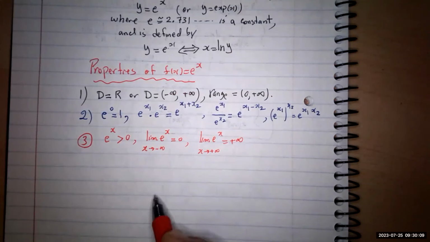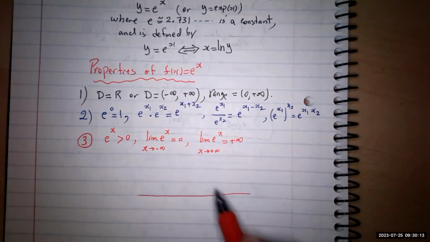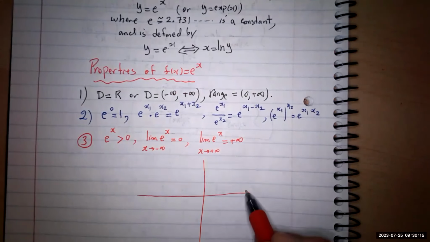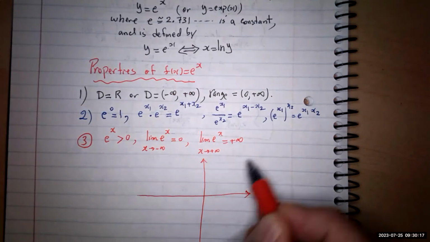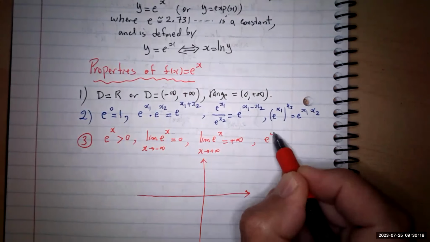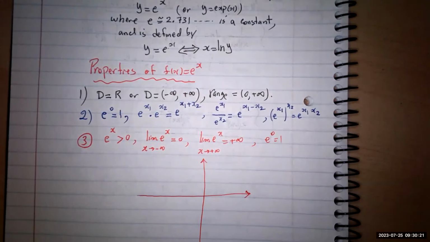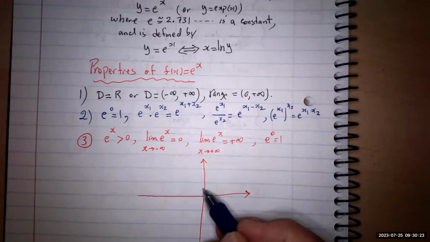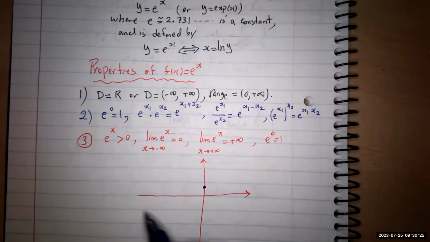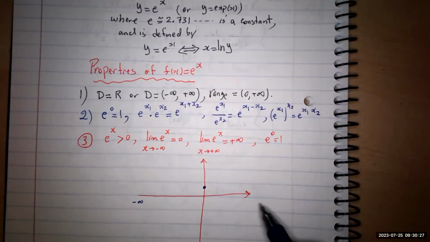Okay, and if you use your calculator roughly, if you want to get a graph of this function to remember it, this is going to be the case. See, e to the 0 is 1. So this means this is going to be the intercept, 1. And this is negative infinity, and this is positive infinity.